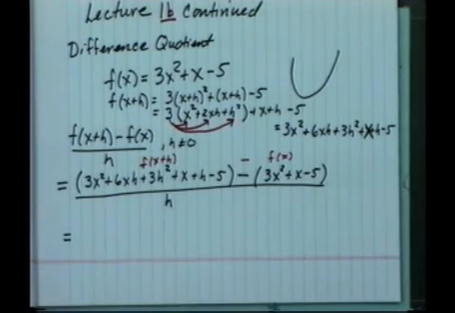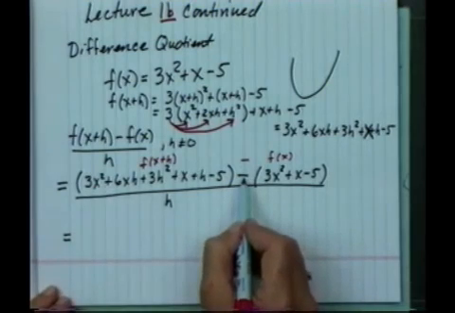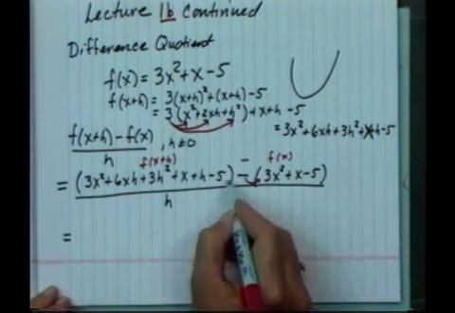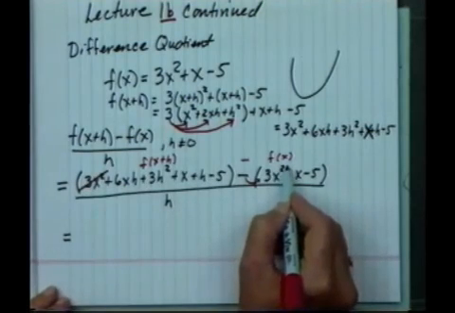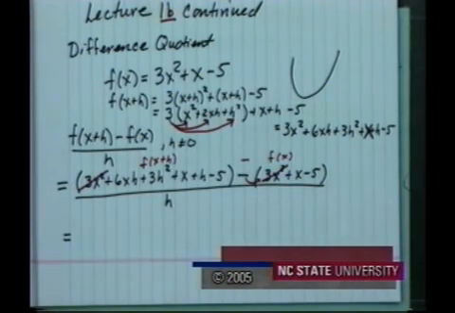Let's go through and clean up. You hope a lot of things are additive inverses of each other so they'll cancel out. We have a 3x squared, and if you distribute your negative, we'll have another minus 3x squared. So the 3x squared terms subtract out. They're additive inverses. What else is going to disappear?